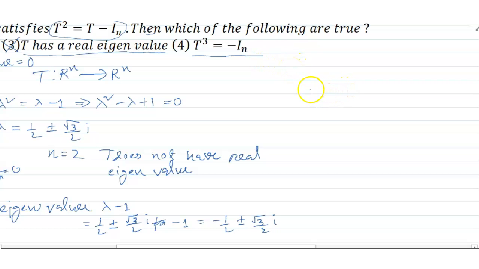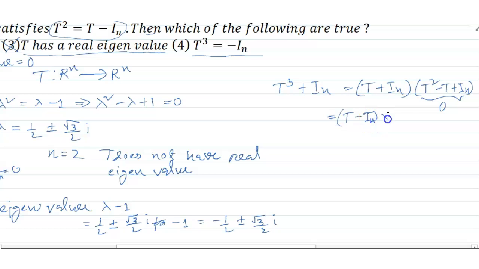Now let's see that T cube plus I_n is equal to T plus I_n into T square minus T plus I_n, and this portion is 0, so it is T minus I_n into 0 equal to 0. So whatever we get, T cube is equal to minus I_n. So this portion is also correct.